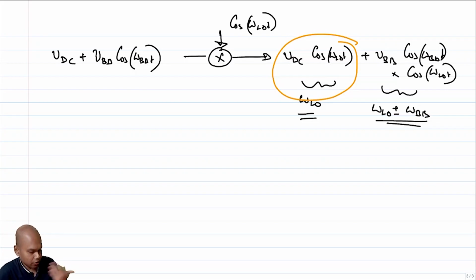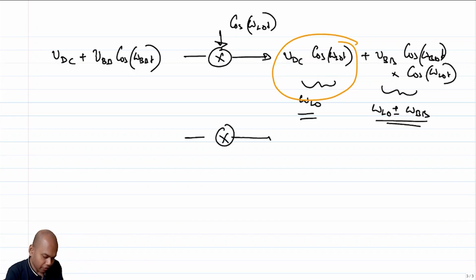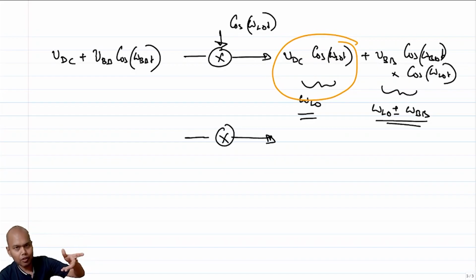So what is the possible solution? Just like we had in the case of the single balanced mixer, we can have a double balanced mixer. What do we do? If I have a negative signal available, but note that the DC voltage cannot be negative. DC is always DC, and on top of that I can have a positive or negative swing.